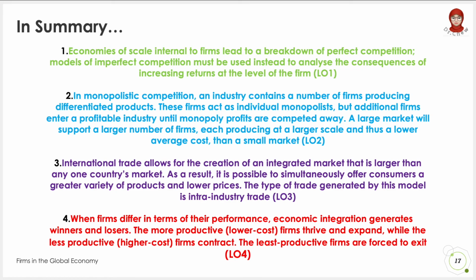These firms act as individual monopolists, but additional firms enter a profitable industry until monopoly profits are competed away. A large market will support a large number of firms, each producing at a larger scale and thus a lower average cost than a small market.